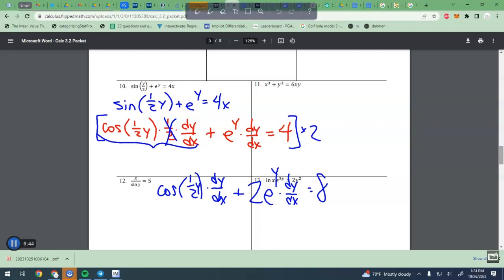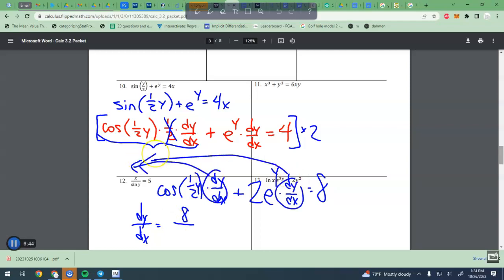Okay. And then I'm going to factor out a dy dx. And I'm going to try to shortcut this. If that's too much, let me know. But that 8 is on top on the other side. If I factor out a dy dx, that stuff is what's left, right? In the parentheses. So where's it going to end up? I'm going to divide by it, so it's going to end up on the bottom.